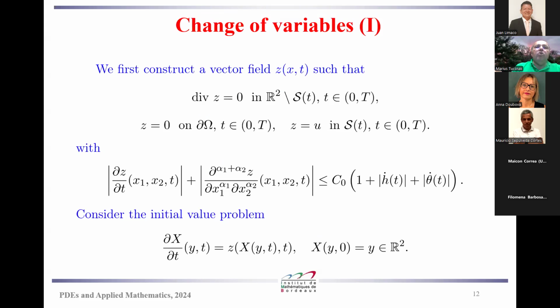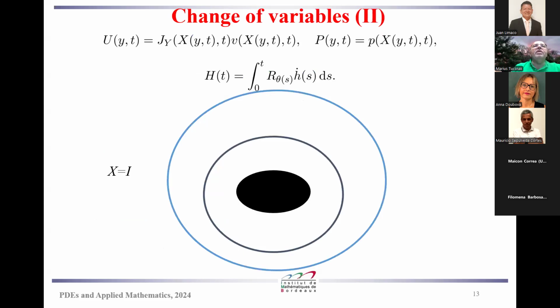To make it preserve, we multiply by the cofactor matrix of the Jacobian of the inverse mapping capital Y. And then, in fact, we have obtained in this way a new velocity field, capital U, and a new pressure field P.